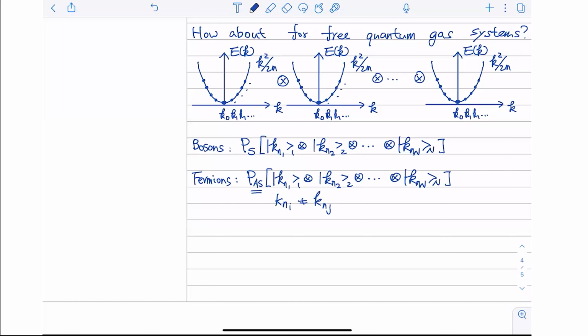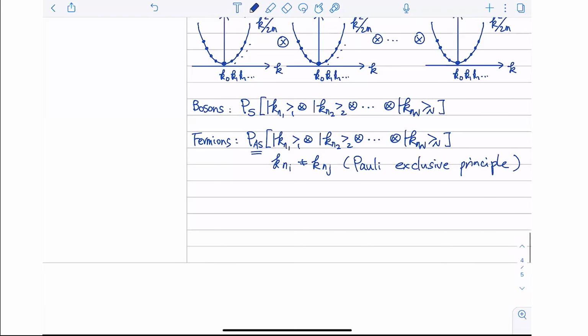I should make my notation consistent. Okay. And this is the Pauli exclusion principle. Okay. So at this moment, we can see a very different behavior.